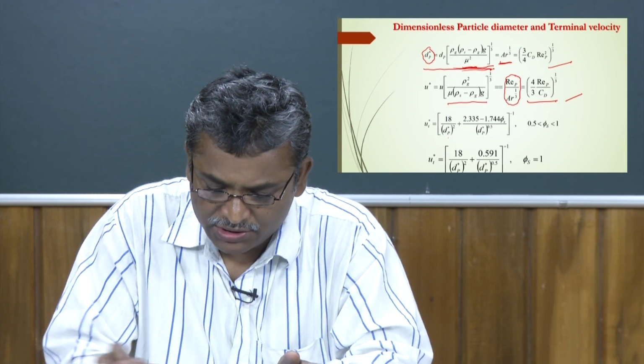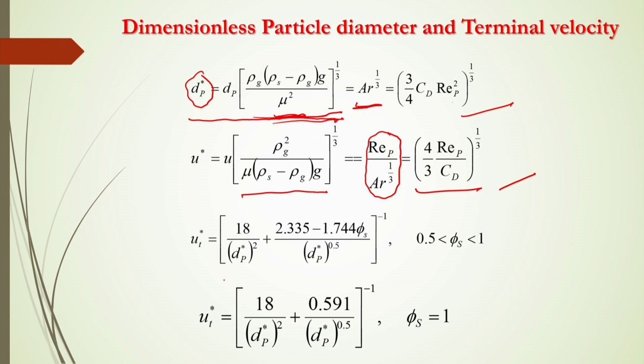This terminal velocity in dimensionless form will be equal to 18 by dp star square plus 2.335 minus 1.7445 times sphericity, divided by dp star to the power 0.5. So, this terminal velocity you can represent in terms of the dimensionless number of particle diameter as this.